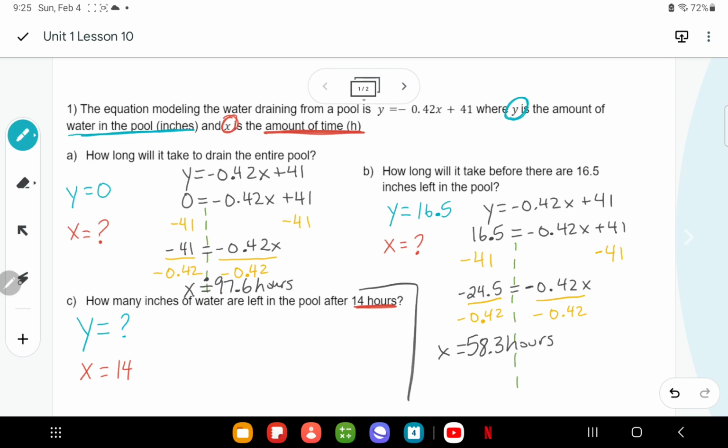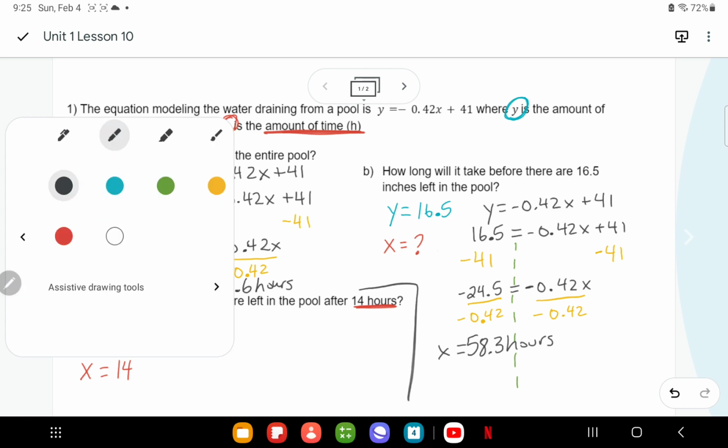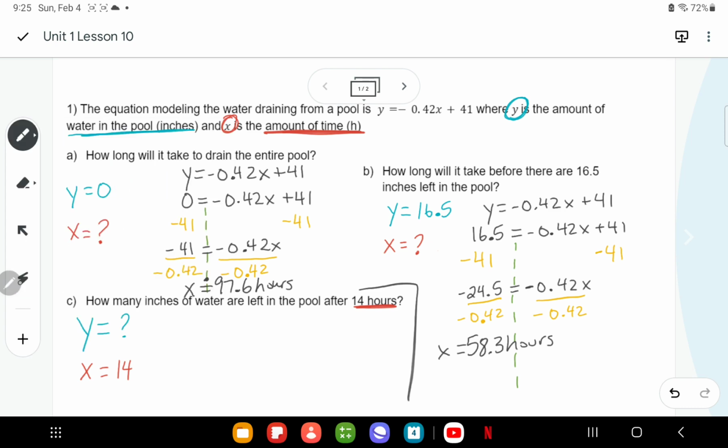So you always really have to focus on the number that you're given. Is that going in for the first variable, like my y, the amount of water, or my x, the amount of time? Okay. So here we know y equals negative 0.42x plus 41. And x is 14. So this is going to be an easy one to solve.